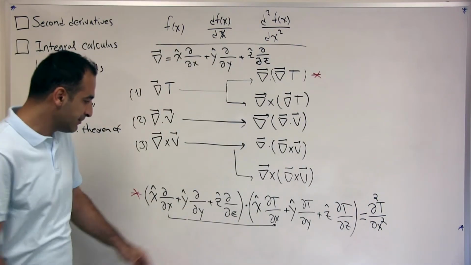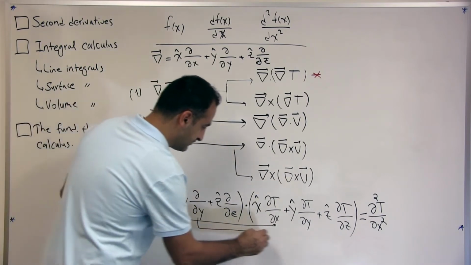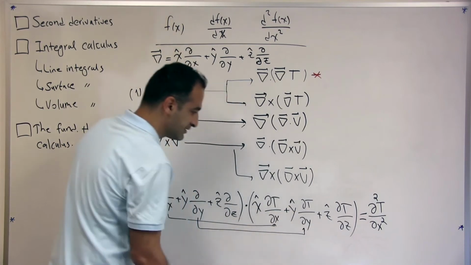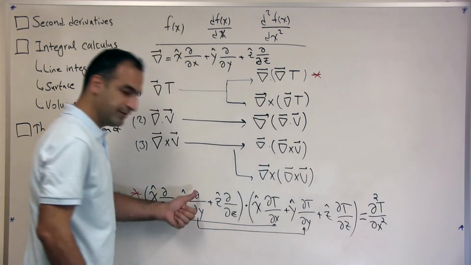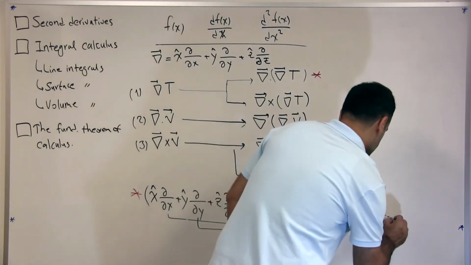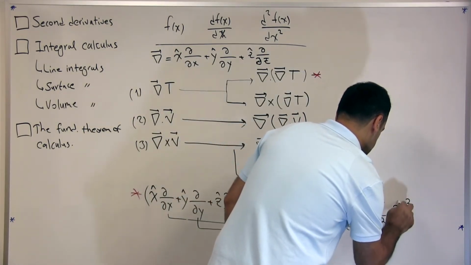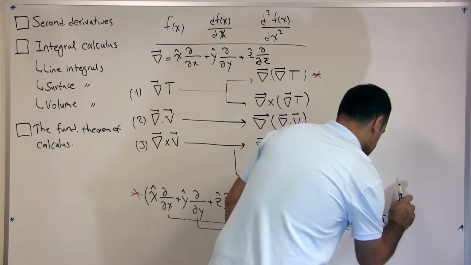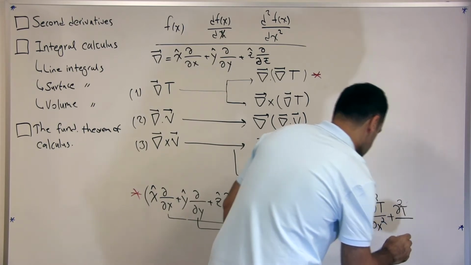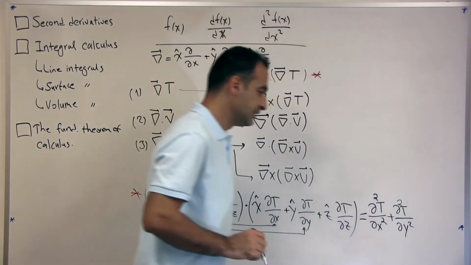And the second component, y hat, and this term takes effect on this term. That means one derivative with respect to y is going to affect this, and then we get very similar to the x component, d2T over dy squared.